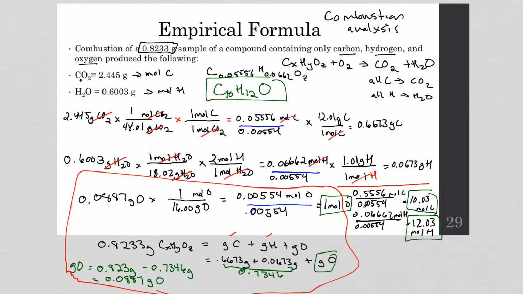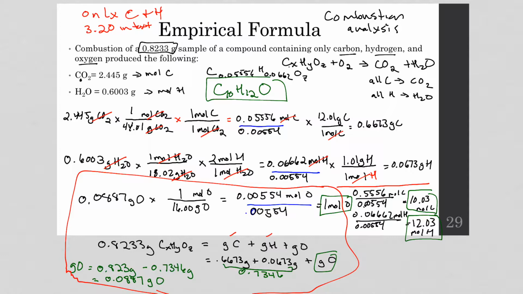We could start directly from the moles of carbon and the moles of hydrogen, then go directly and divide by the smallest one, etc. Now, if you want an example with only carbon and hydrogen, see problem 3.20 in the book. And that'll give you one where you only have carbon and hydrogen.